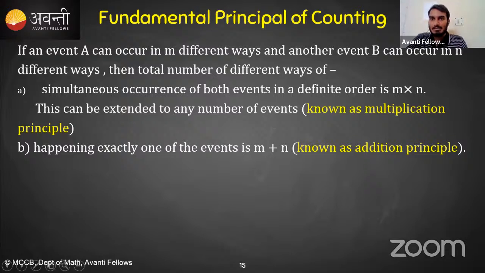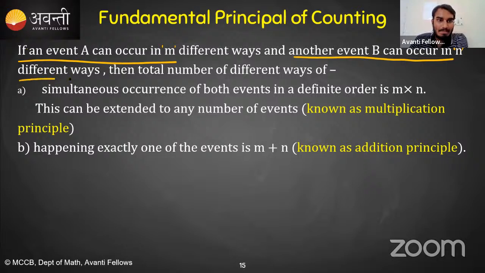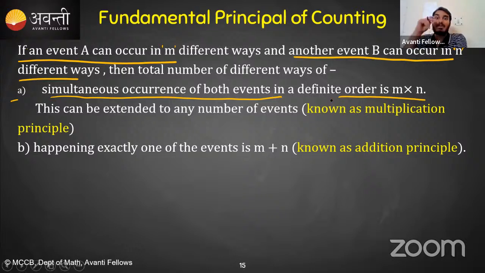It says that if an event A can occur in m different ways, and another event B can occur in n different ways, then the total number of different ways of simultaneous occurrence of both events in a definite order is m cross n. The events are both happening simultaneously, so there are m cross n ways.